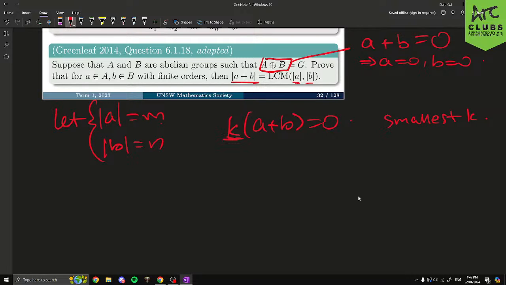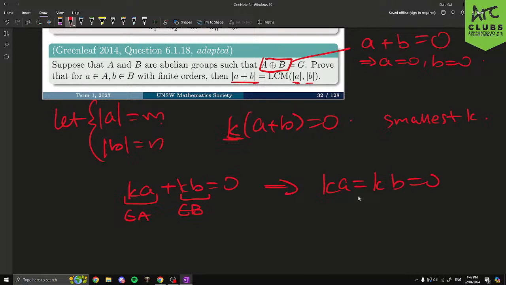Okay, so if k of a plus b is 0, then that means ka plus kb is equal to 0. But ka is an element of A, kb is an element of B, and due to that condition from before, that means that ka is equal to 0 and kb is equal to 0.